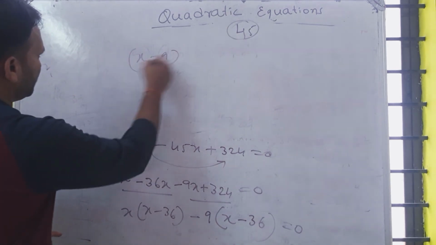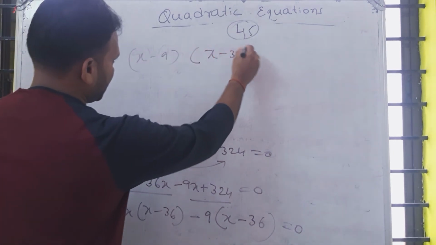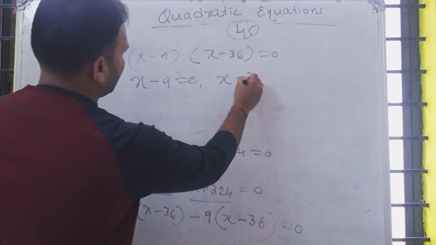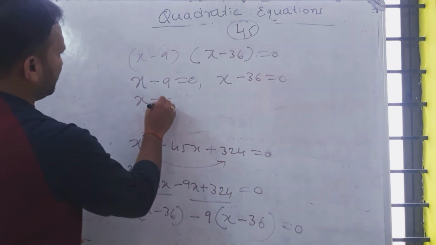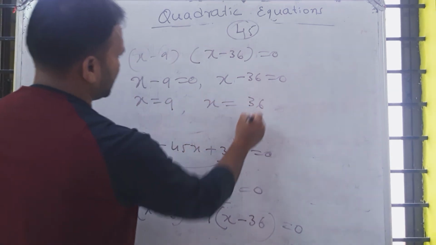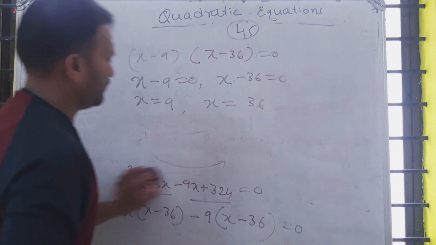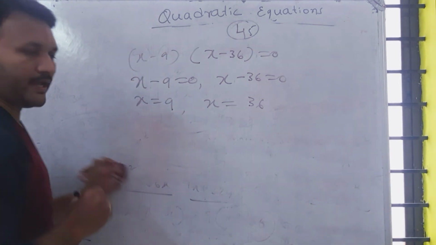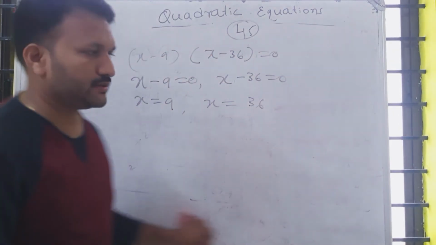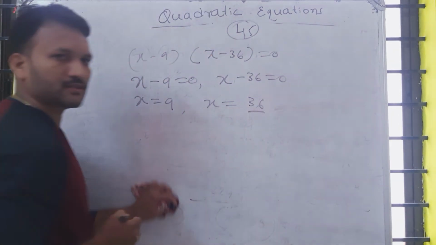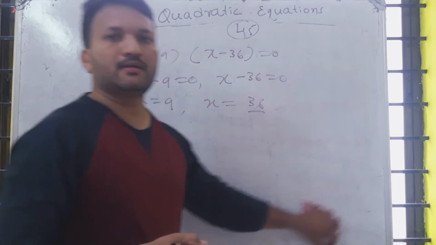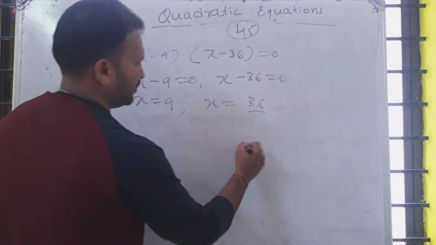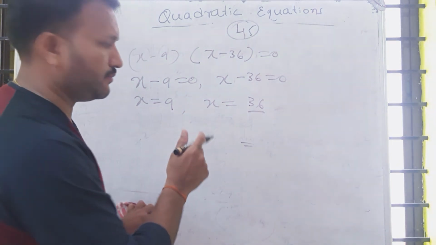Now x minus 9 is one term and x minus 36 is another term. So x minus 9 is equal to 0, x minus 36 is equal to 0, so x is equal to 9 and x is equal to 36. That is, John may have 9 marbles or 36 marbles. Suppose initially we took X as the marbles of John.